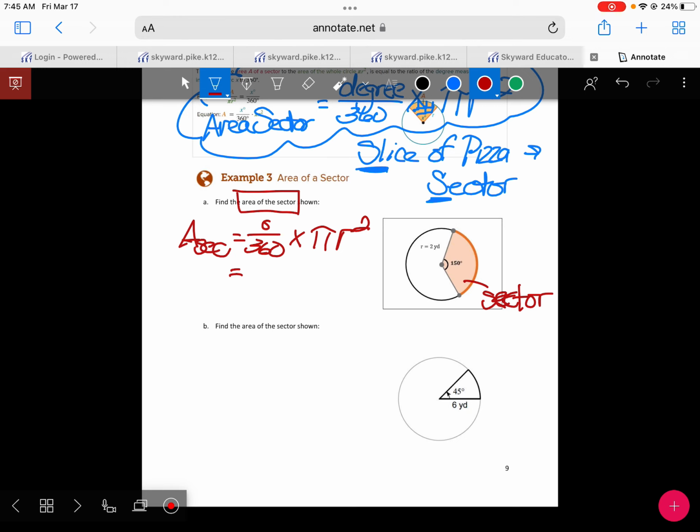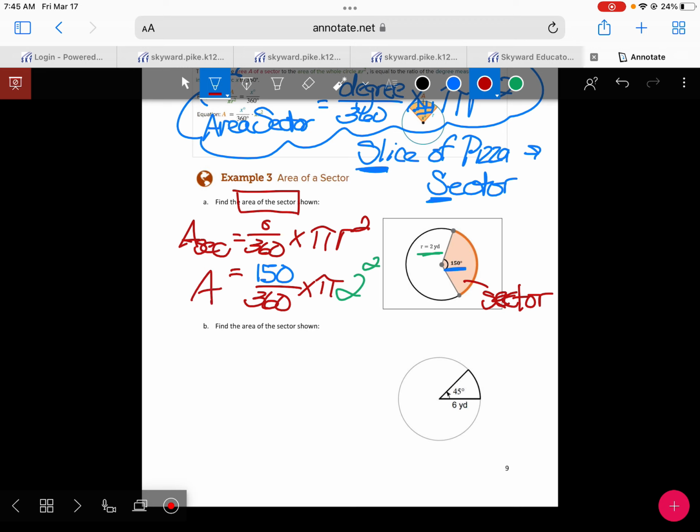So what is the degree of that sector? It's 150 divided by 360 times pi times my radius. Here's my radius of 2, squared. That is the area of that piece of pizza.